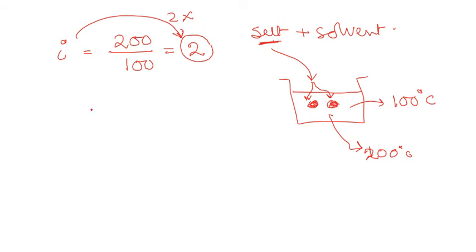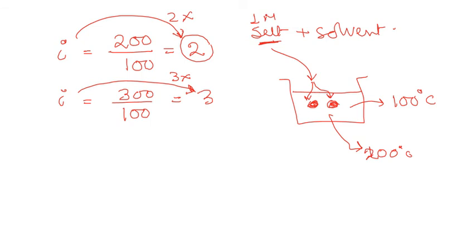Now imagine if it would have boiled at 300 degrees Celsius. You were expecting a temperature of 100, but you got 300. So in that case, the Vant Hoff factor i is equal to 3, which means the concentration has increased by 3 times. So if you add 1 molar of the salt in the solvent, then you will get technically 3 molar in the solution.